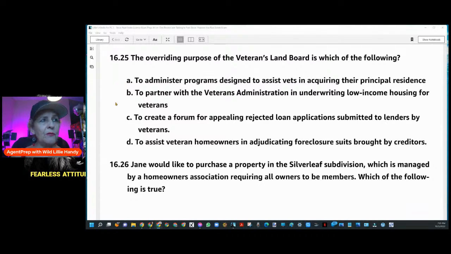B, to partner with VA, Veterans Administration, in underwriting low-income housing veterans. C, to create a forum for appealing rejected loan applications submitted to lenders by veterans. Or D, to assist veterans homeowners in adjudicating foreclosure suits brought by creditors. So the overriding purpose of the Veterans Land Board.